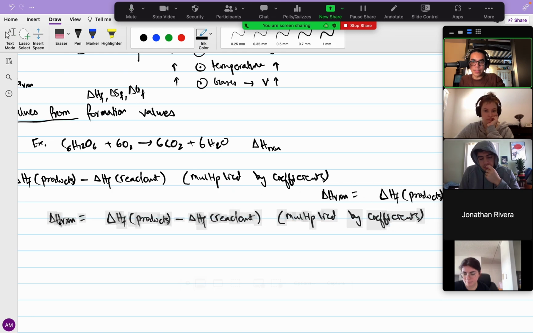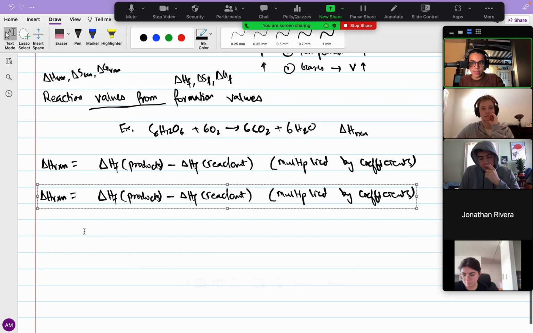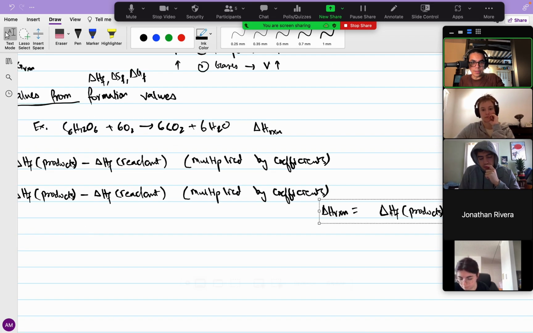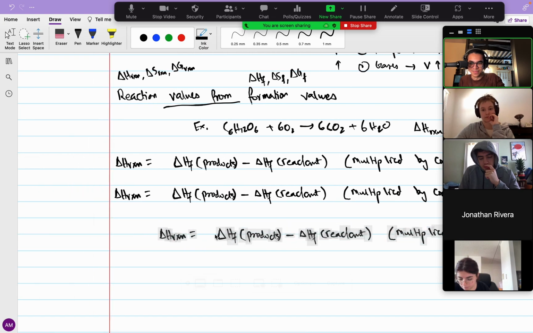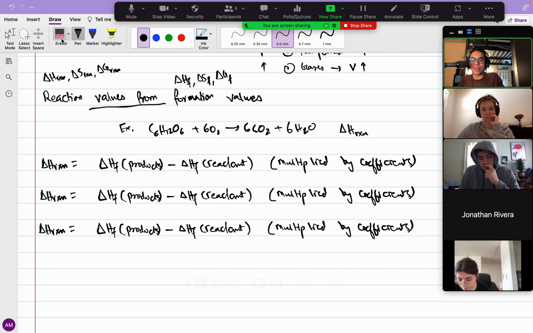So I'm just going to copy this down. And just replace the H's with S. So delta S reaction is delta S formation of the products minus delta S formation of the reactants, and same thing with delta G.